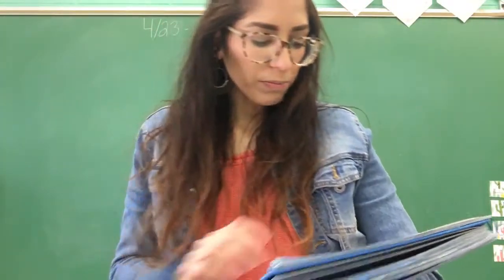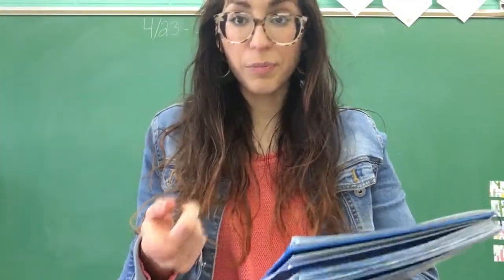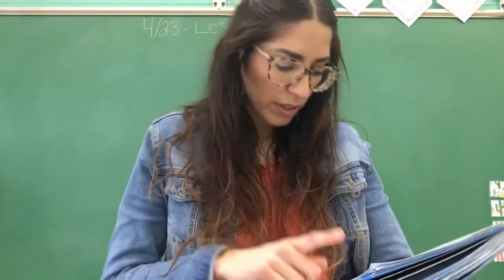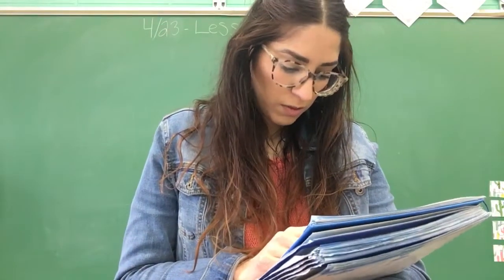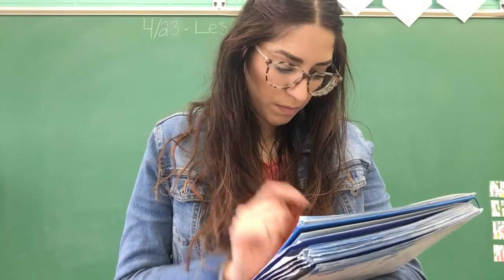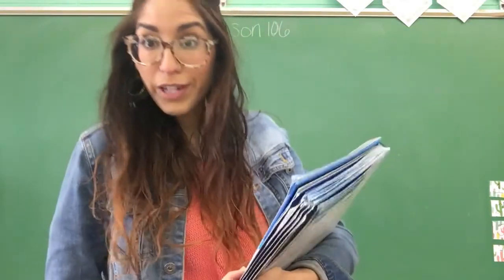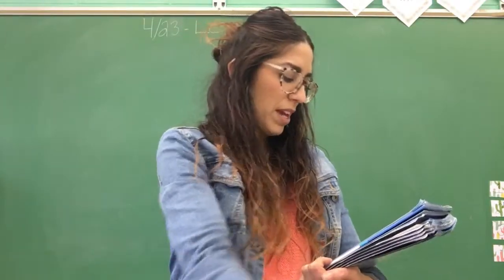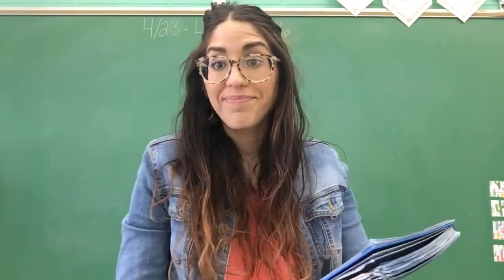So what we're going to do is we're going to count, okay? So let's count the whole squares. I'm going to count while you count. Okay, I counted. Did you find your answer? How many whole squares are there?